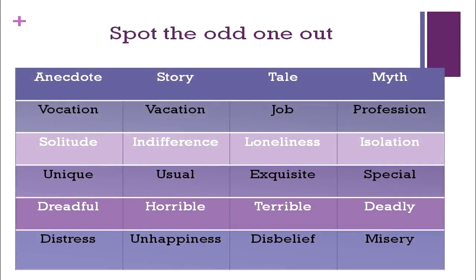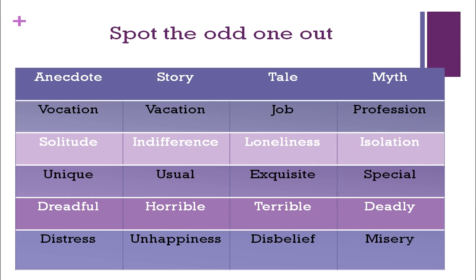Now, another activity is spot the odd one out. You can give jumbled words to the students which are more or less synonyms, but one is the odd one out, and ask them to find out which is not related to that category. I have here given you the words like anecdote, story, tale, myth.